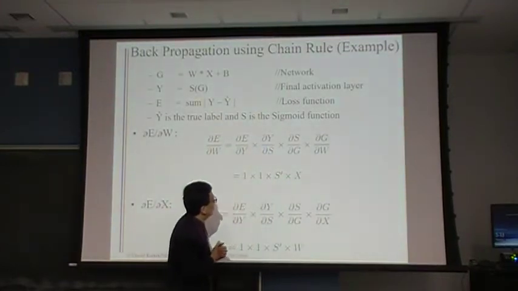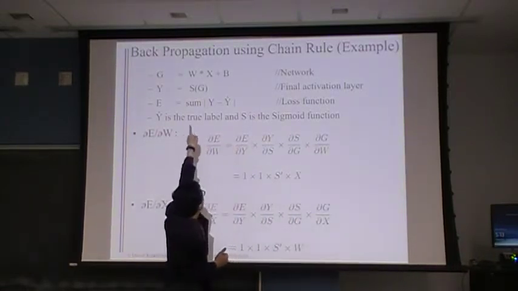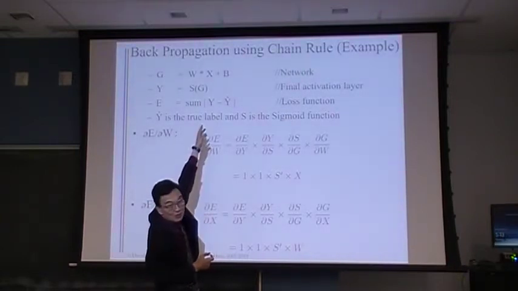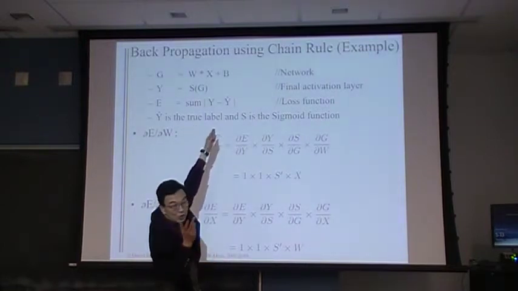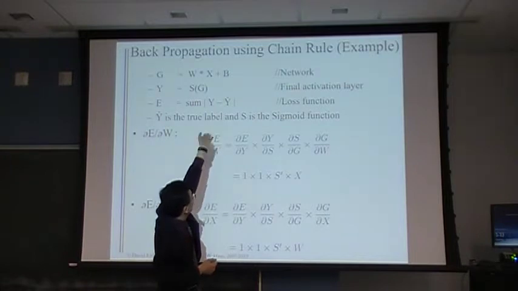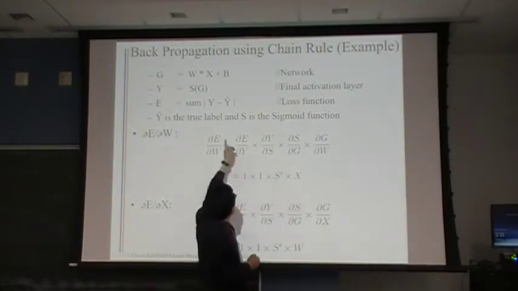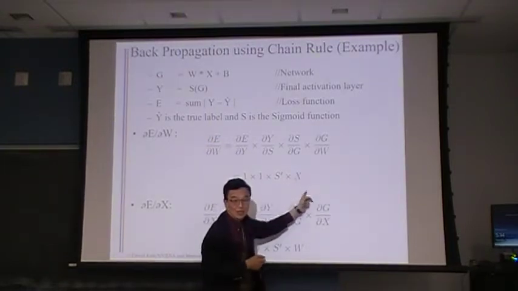And each one is actually quite well defined, because with G as a function of W, if I do a differentiation of G over W, then the constant goes away, and whenever I have X times W, the differentiation is just X. So that's X right here.